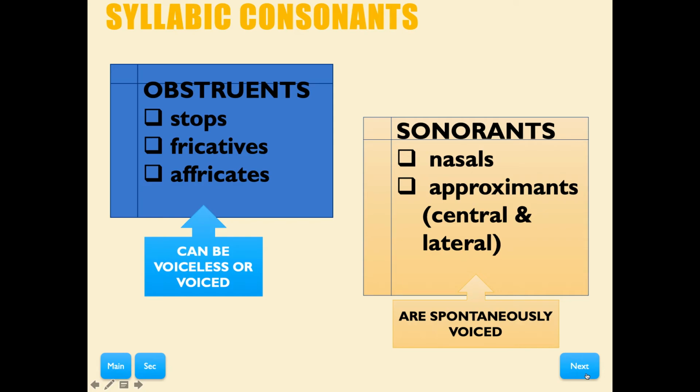On the other hand, the sonorants are the nasals and the approximants. The lateral consonants are included in the approximants. So you have central and lateral approximants. Now the sonorants are spontaneously voiced. So again, obstruents are plosives, fricatives, and affricates. Sonorants are nasals and approximants, including the lateral approximant.